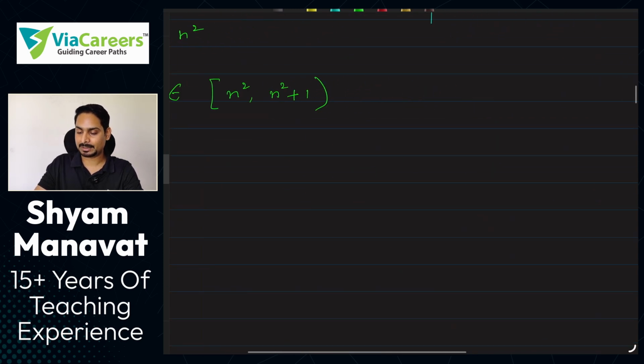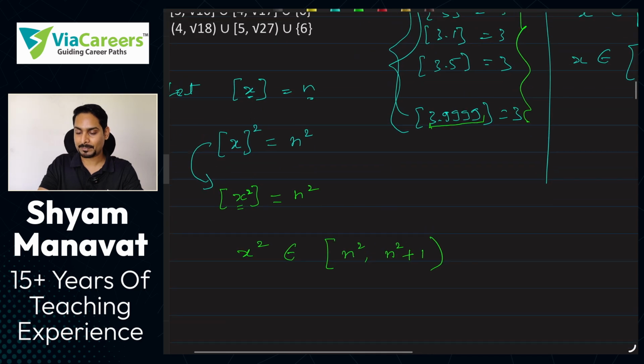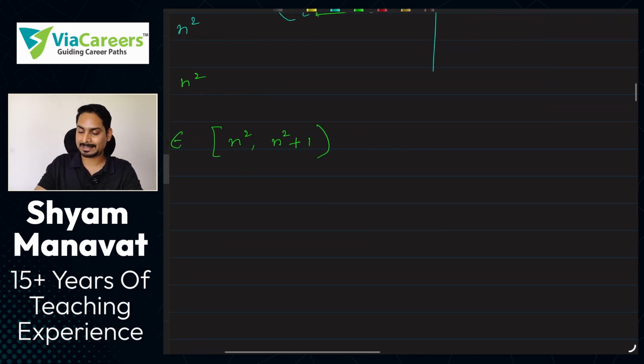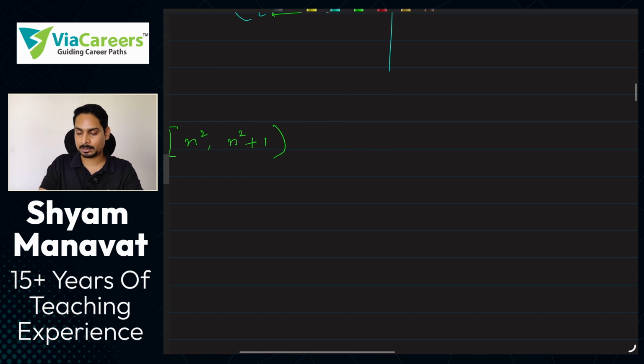Okay. Now, what are the integers you can have with the given range? Because n is the outcome, right? So n should be an integer, correct? X could be anything from 3 to 6, including 3 and 6. So n can take any value like 3, 4, 5 and 6.